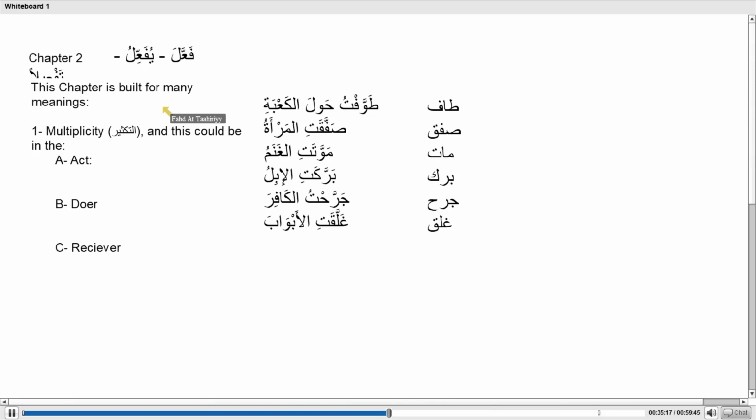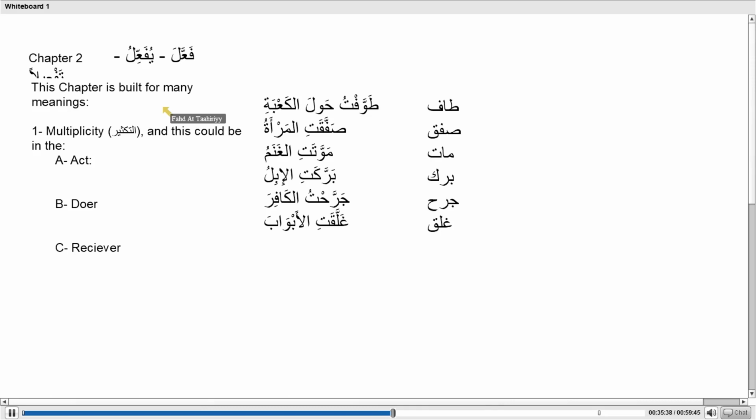In every example that you use here, when you multiply the ain, there's no doubt that the act was done several times. Okay?